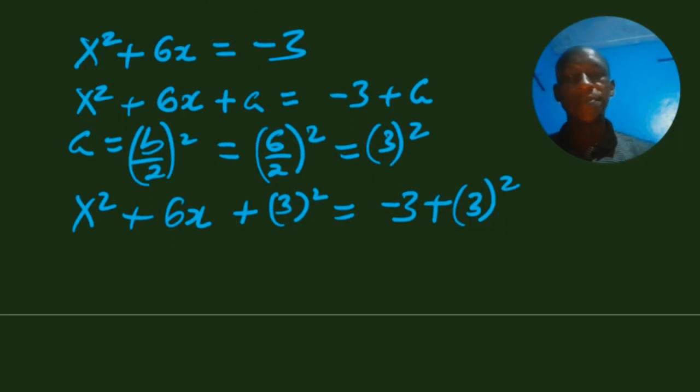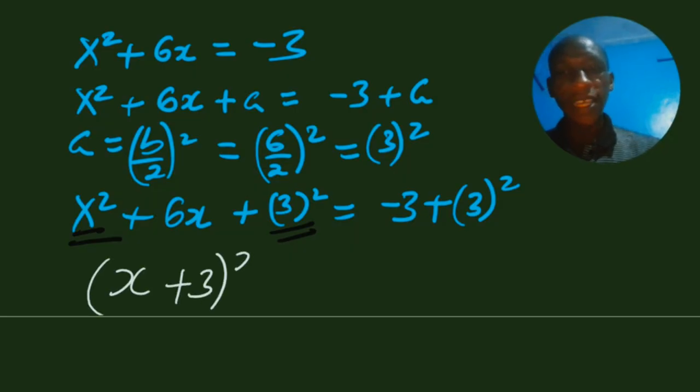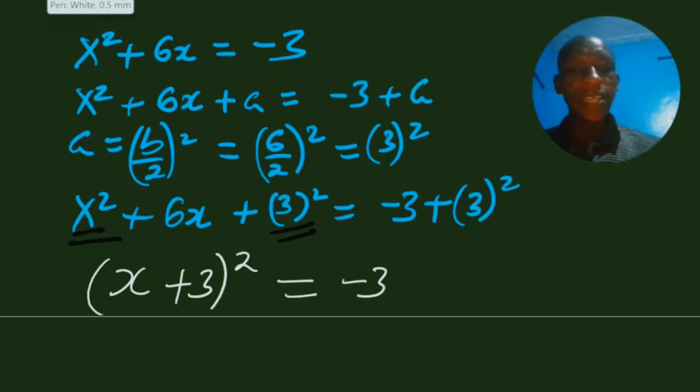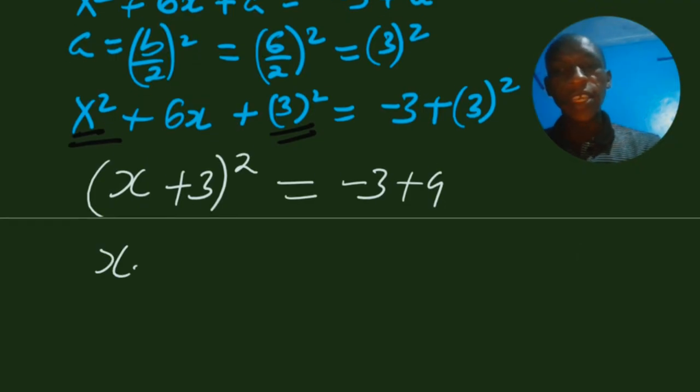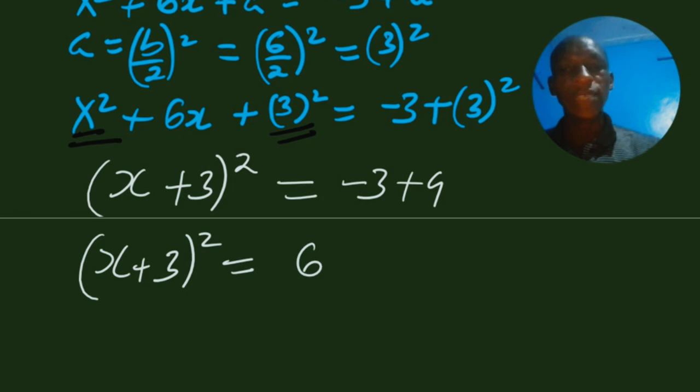So what do we get? Pick the terms with squares and then put them in one bracket. Now in this case we are talking about positive 3. So therefore in our bracket we shall have x plus 3 in one bracket and then you square, equal to negative 3. 3 squared is 9, so plus 9. So therefore x plus 3 squared is equal to positive 6.